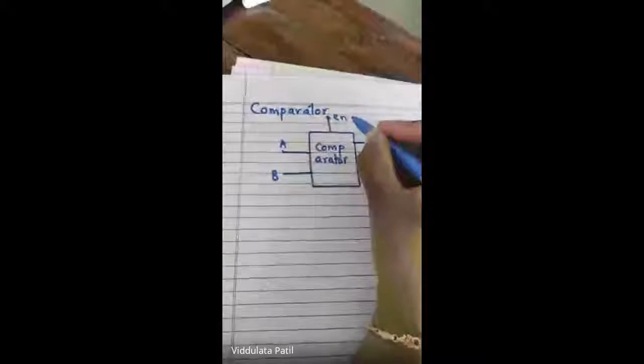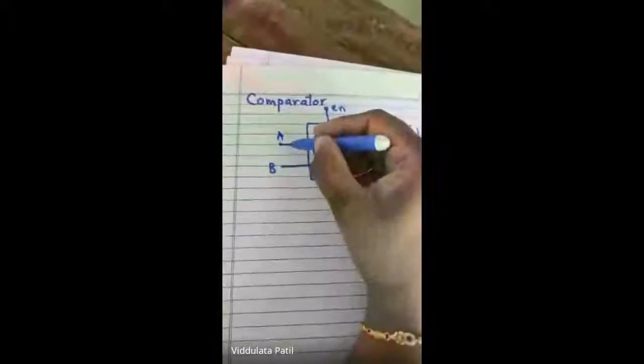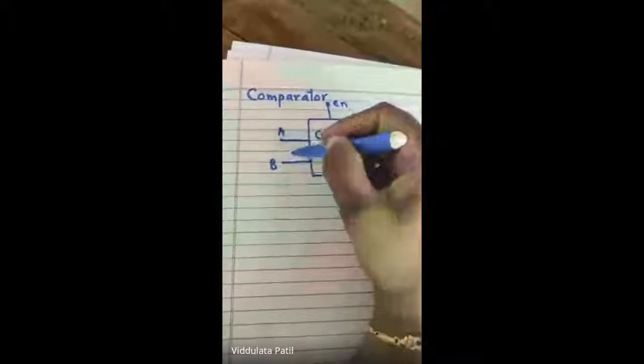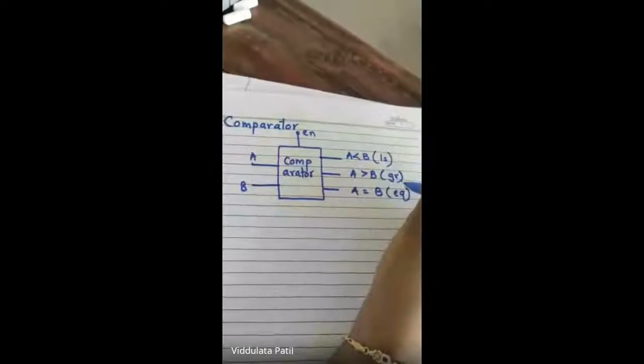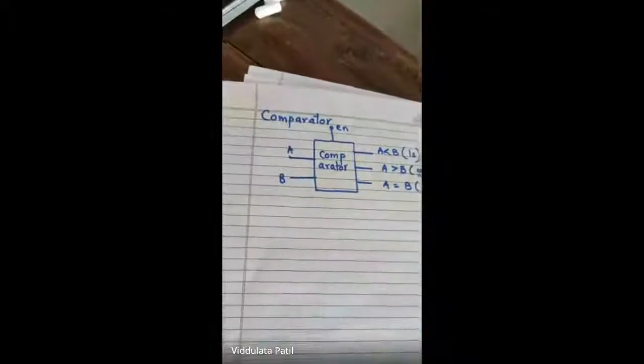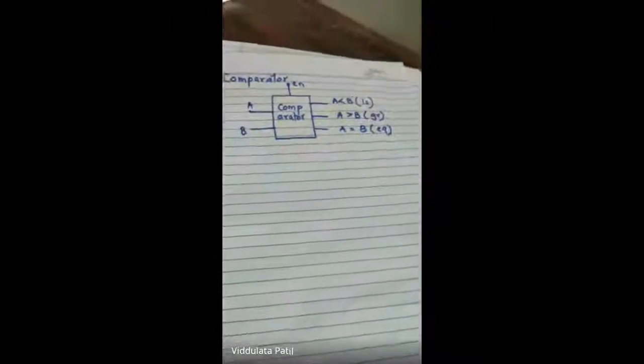Now that means we have three input pins for this comparator circuitry: the enable, and the inputs A and B, and three outputs LS, GR and EQ. These are the three outputs for this circuit.